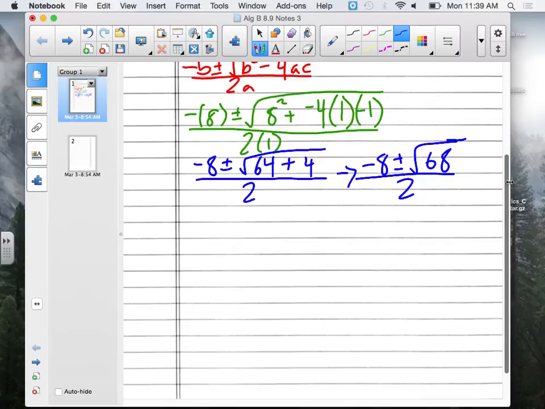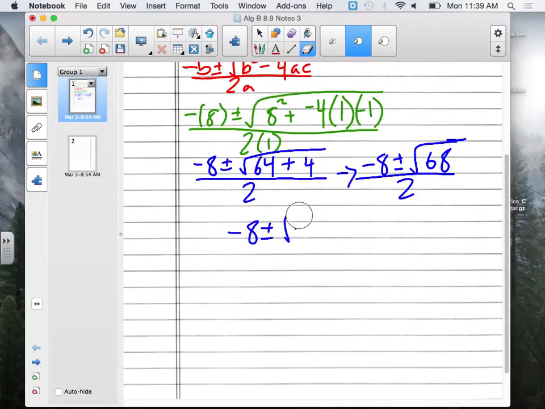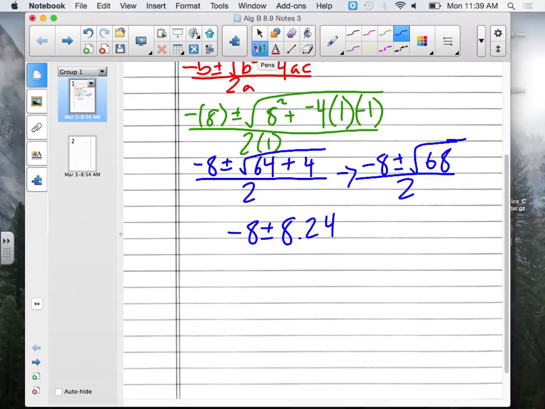So what do you get when you take the square root of 68, Rose? 8.24. Not the square root, we already did that. 8.24, and that's when you rounded, right? No. You didn't round?